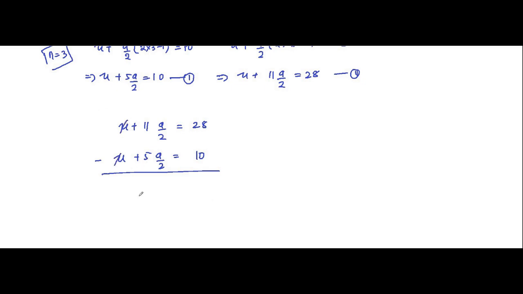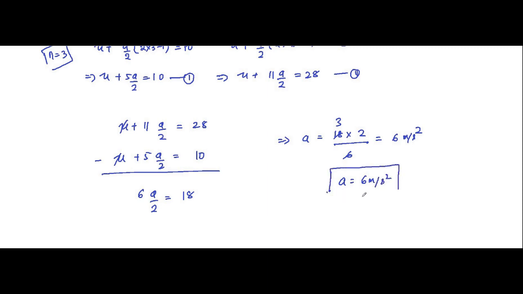This will be 6a by 2 equals 18. That implies a is equal to 18 into 2 by 6, that is equal to 6 meters per second square. Okay, acceleration is 6 meters per second square.